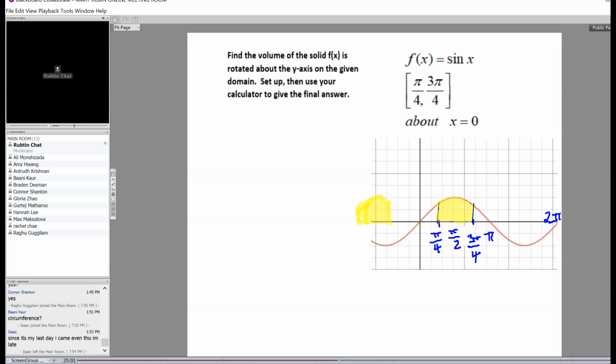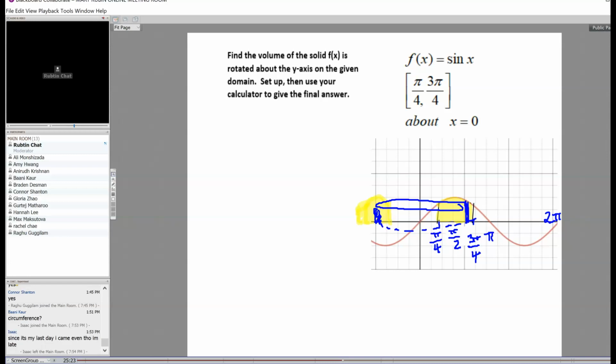They look kind of like, if I pick a width and I make a shell, something like that. So I'm going to do the same thing.